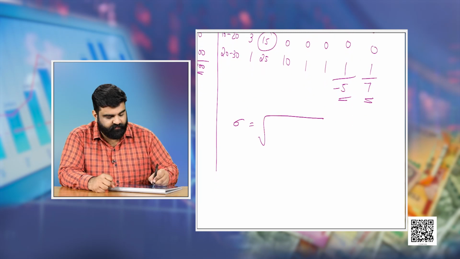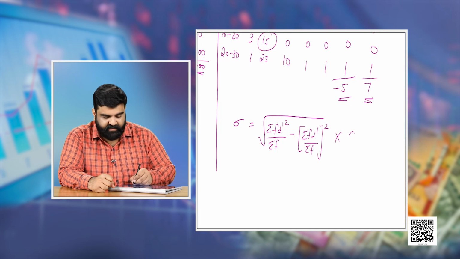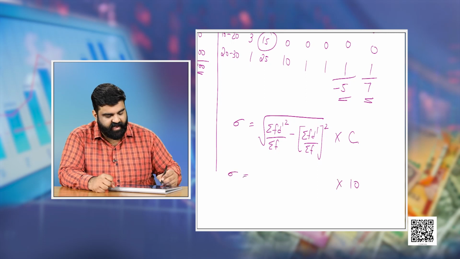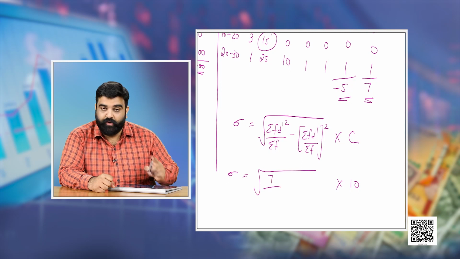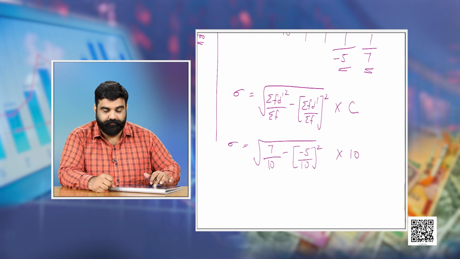The formula is sigma fd dash square upon sigma f minus sigma fd dash by sigma f the whole square, multiplied by c, which is out of the square root. So common factor was 10. So we have the values as 7. Total of all the frequencies is 10 minus 5 by 10 the whole square.